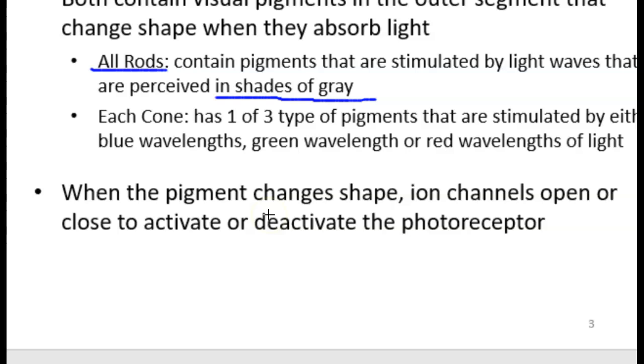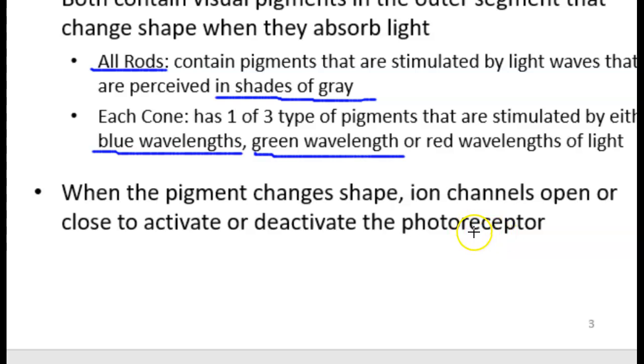However, something that wasn't mentioned is that there are really 3 types of cones in the retina. Some cones are stimulated by wavelengths that we see as blue, and other cones are stimulated by wavelengths of light that we perceive as green.